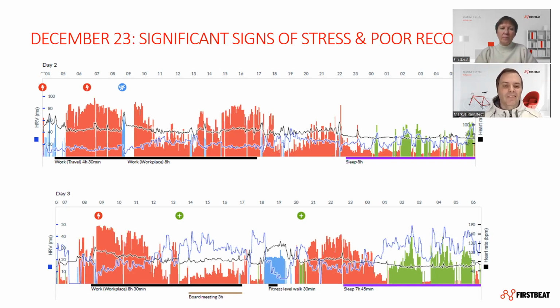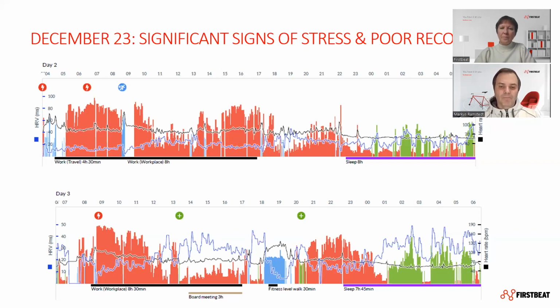The next day, I knew that I had a board meeting in the afternoon, and of course you notice the last minute things that are wrong before the board meeting, and the mad dash to get everything done in the morning. And then I know that public speaking or presenting isn't really stressful for me. So I knew that when I went to the boardroom, I was well prepared, and that wasn't the stressful part of the day.